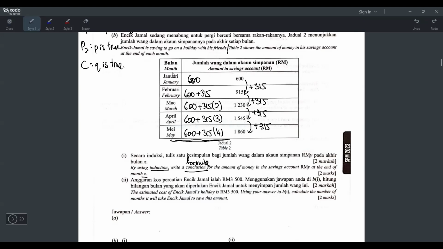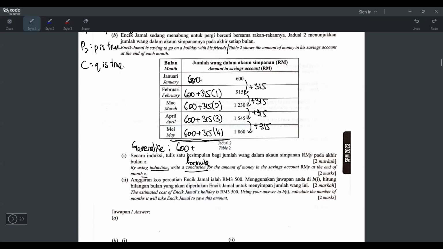So when you generalize, okay, yeah, this process is called generalize. Generalize means like you announce it, or you form the formula. So when you generalize, the 600 will be there. Okay, and you can see all numbers got plus, plus, plus, right? And every number got plus 315, right? This one 315 times 4, 315 times 3, this one is actually 315 times 1. Yeah, because 315 times 1 is 315.